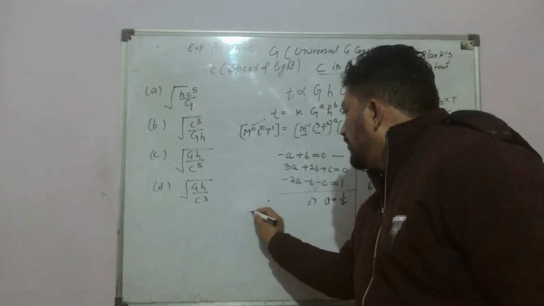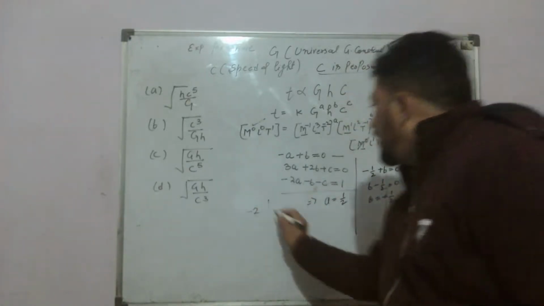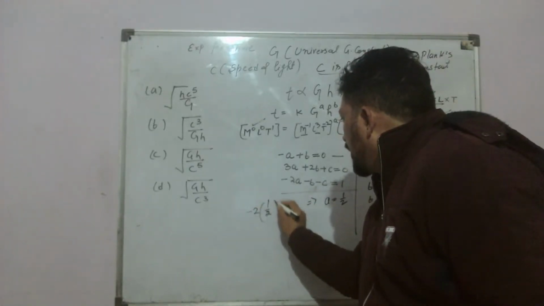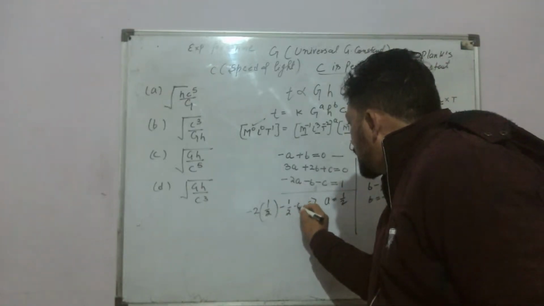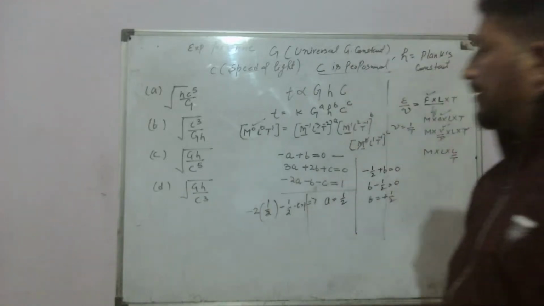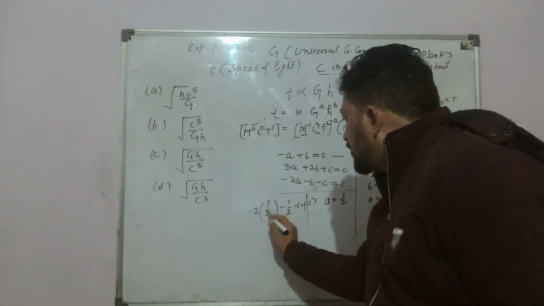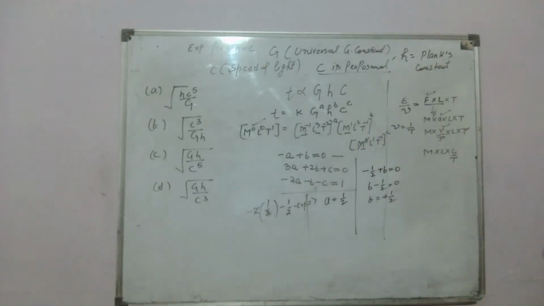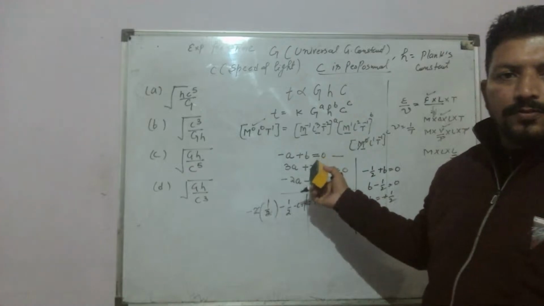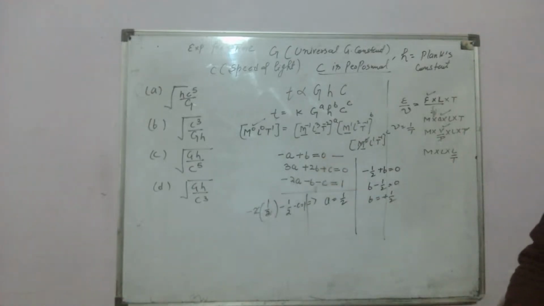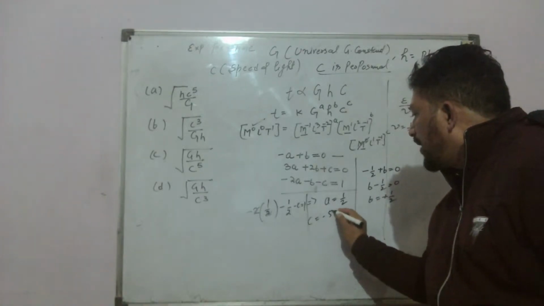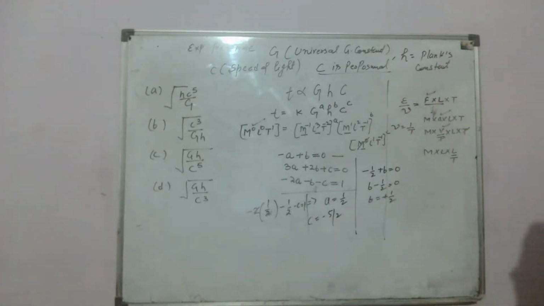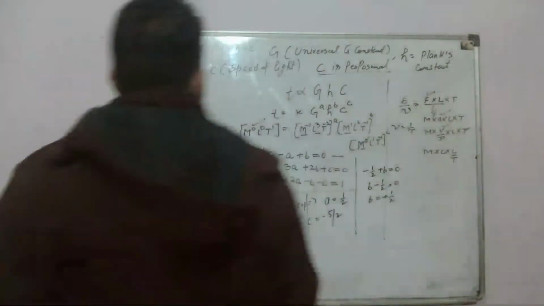Minus 2a is minus 1, minus b is minus 1 by 2, minus c is equal to 1. If you solve this equation, you will get c is equal to minus 5 by 2. So we have got the values of a, b, c.